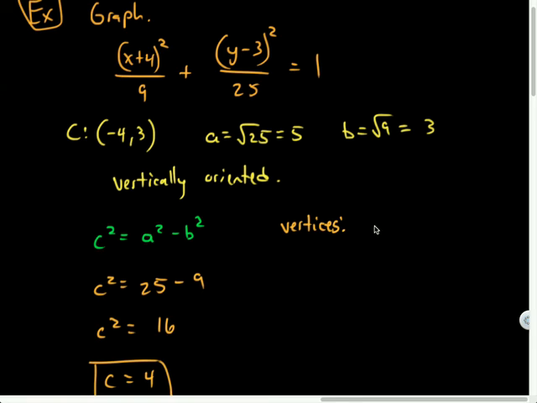What do you think? Yeah, the second coordinate because it's vertical. So one of the vertices would be -4, comma 3 plus or minus 5. So 3 plus 5 is 8. 3 minus 5 is -2.